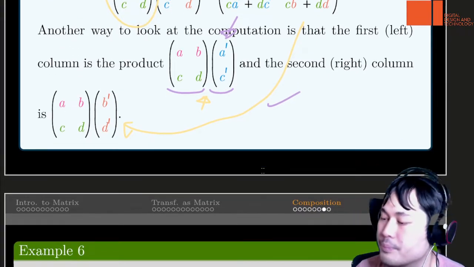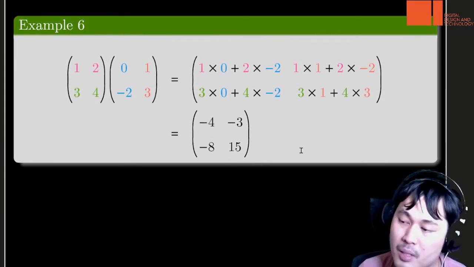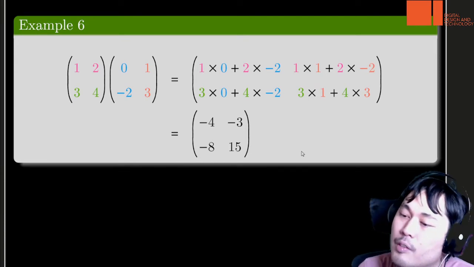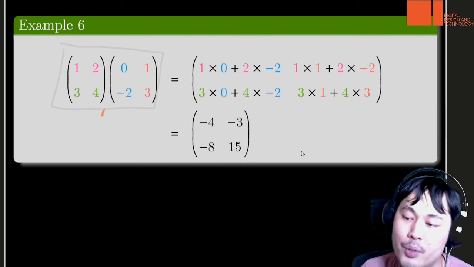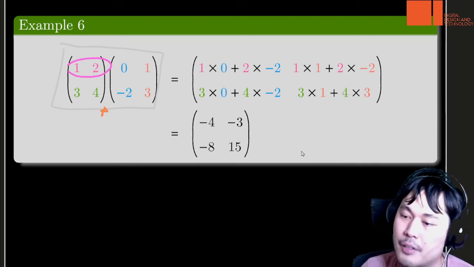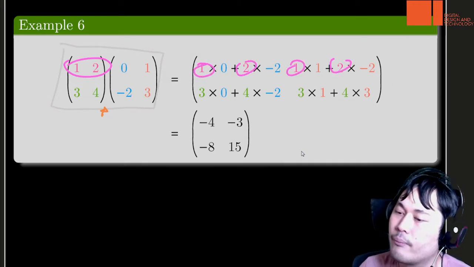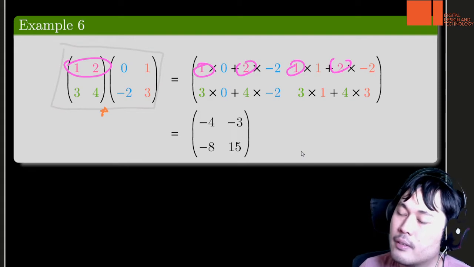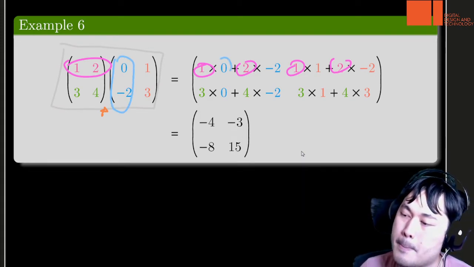Up to you. For instance, this is an example where you do everything at once. So if you are given these two matrices, and you are asked to multiply them together, here's the result. We have the first row of the first matrix here, and that's the first column of the second matrix there.